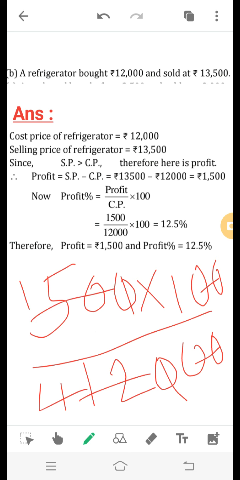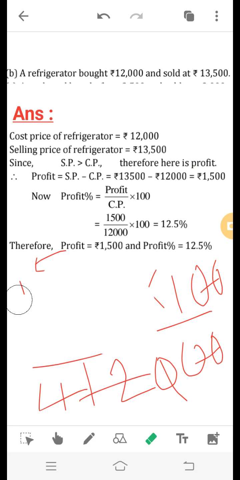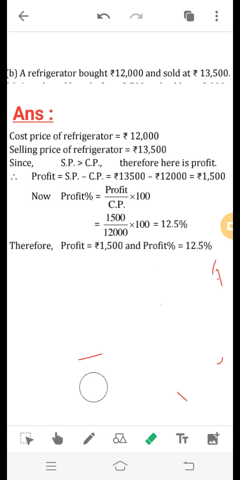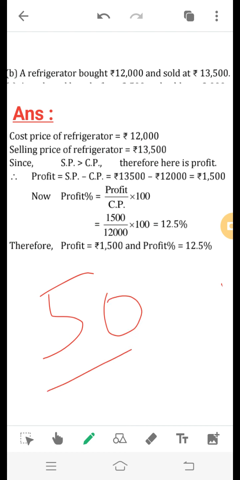Here we can write 5 3s are 15, 150. So remaining is 50 divided by 4. So your answer is 12.5%. That is the profit.